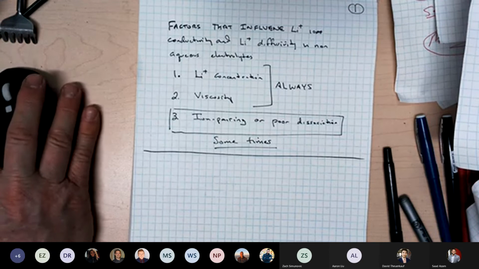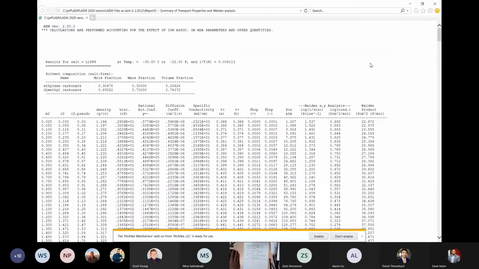Okay, so I think you should see my screen now. Is it true? Yep. You should see a massive table here. Okay, so let's take a look here. So what we've got is results for salt LiPF6 at temperature minus 30 degrees.